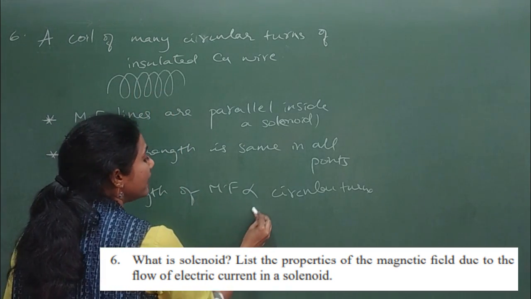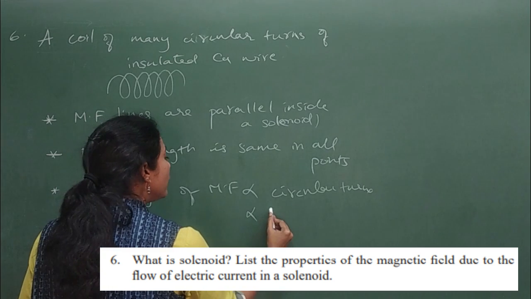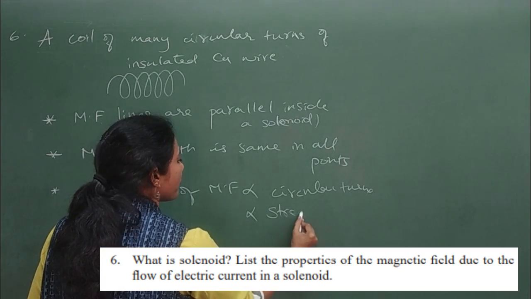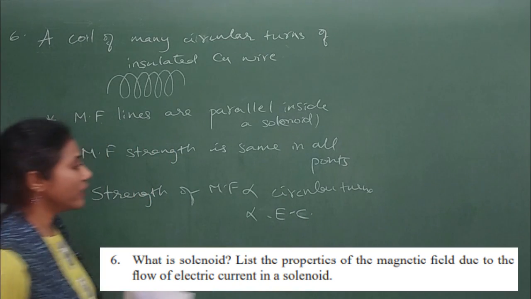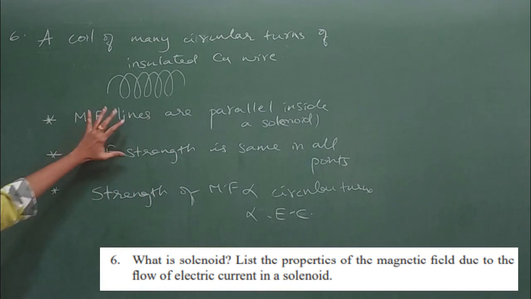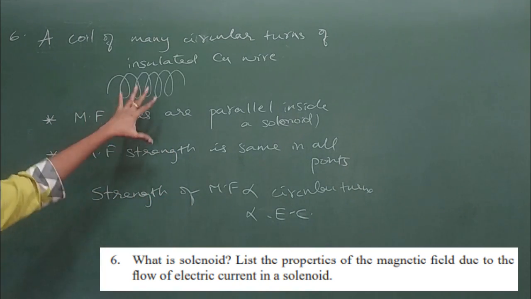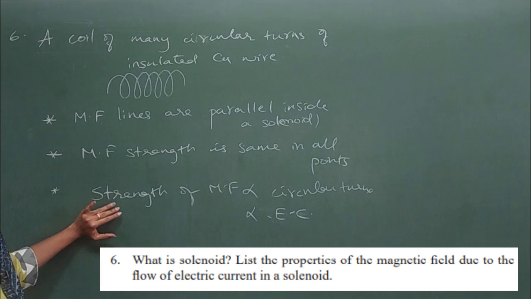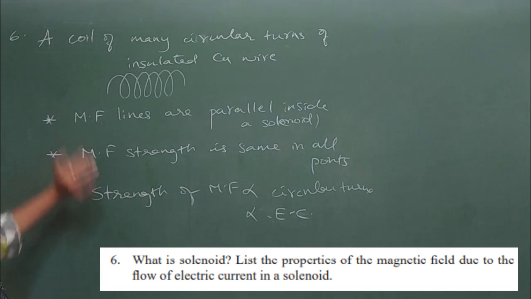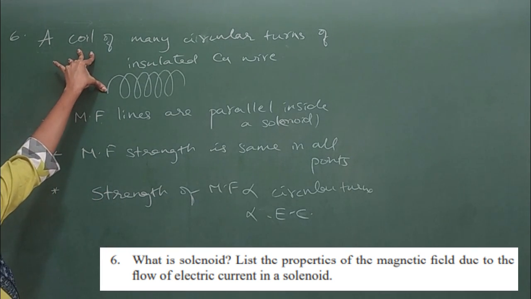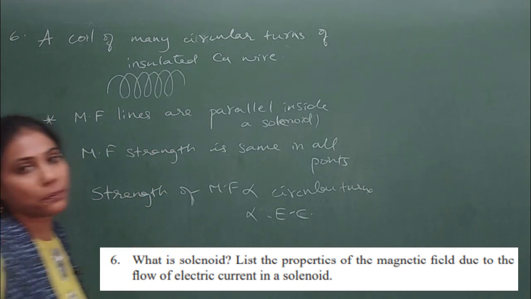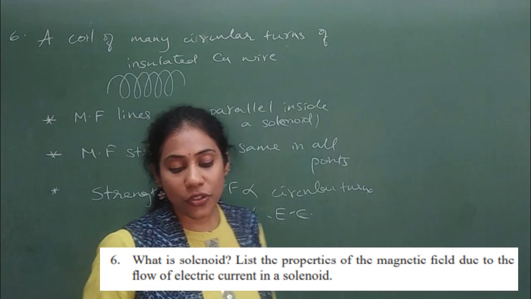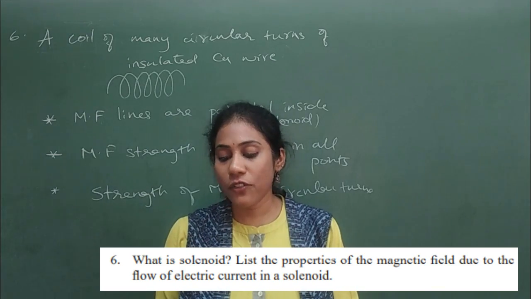And it is directly proportional to strength of electric current also, right? So any 2 points, whichever you feel easy, you can write as an answer. Since it is a 2-mark question, definition of solenoid is enough, and among the many properties, any 2 major properties you can mention. So that is all about our 6th question.